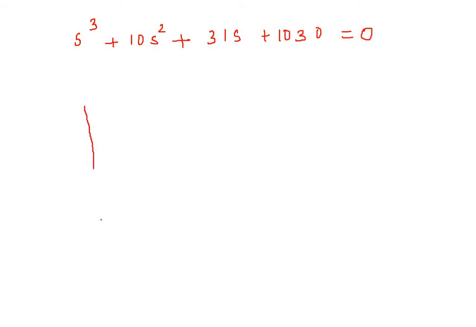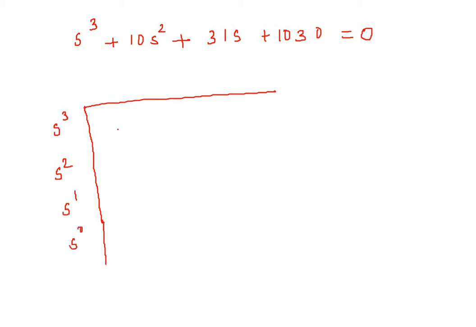First we write the powers of S starting from the highest power in descending order. The first row corresponds to S cube, the second row to S square, then S raised to 1 and S raised to 0.